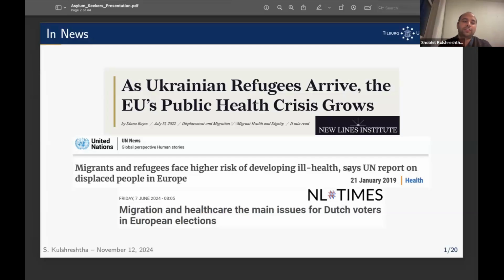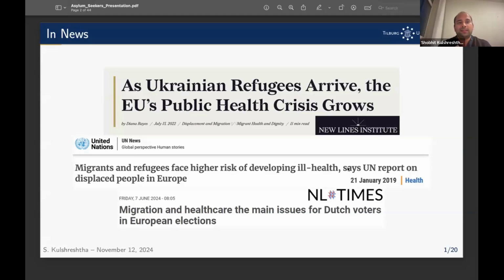But it's not just from the side of providing services to the migrants; the problem might also arise from the side of the migrants, because they are a vulnerable group. They face a lot of health problems during their migration journey and even otherwise.